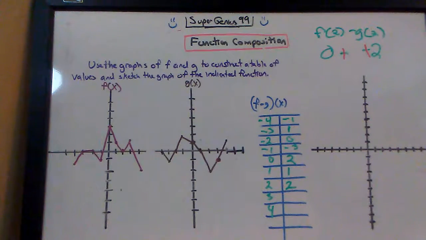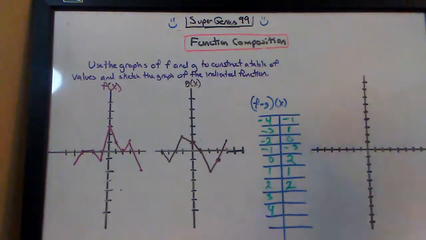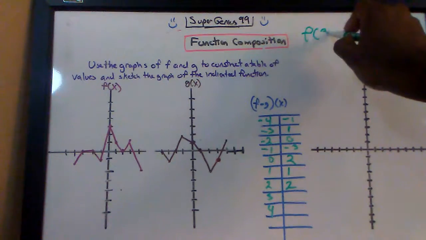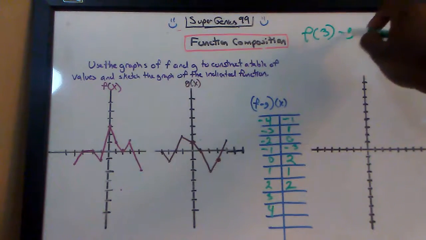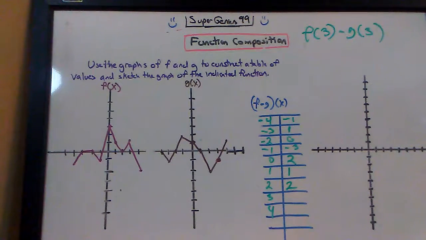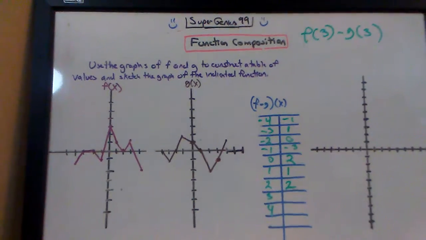Okay, next. F minus g at x equals 3, which is just f of 3 minus g of 3. Okay. When x is 3 in the f function, what is y? When x is 3 in the f function, y is 1.